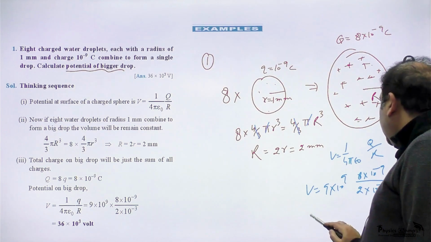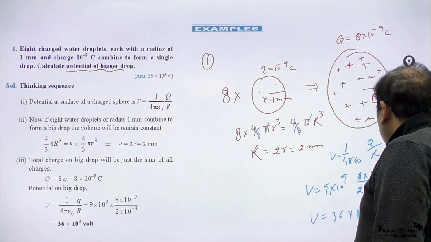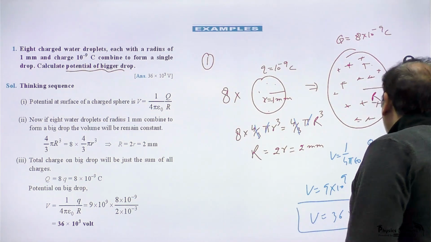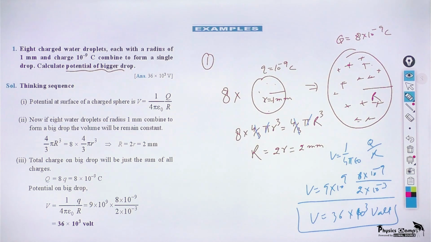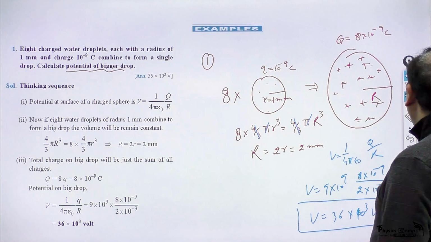So you get a potential of 36 into 10 to the power 3 volt on the bigger drop. Simple question, but you may see this question asked to you at any point of time.